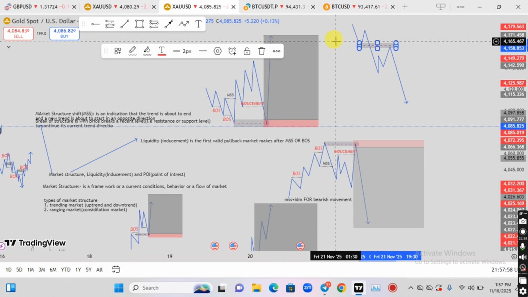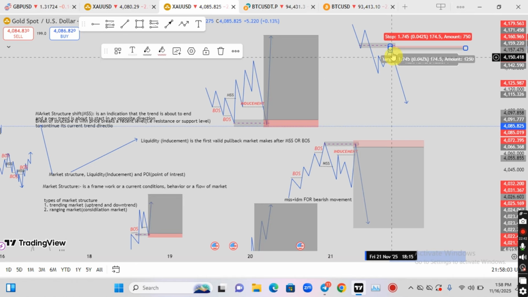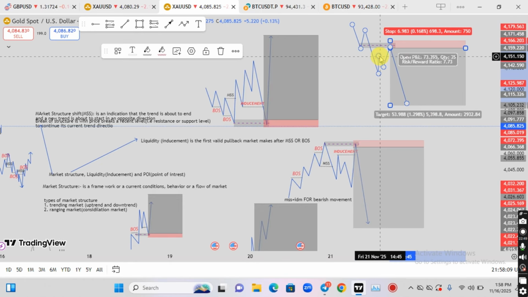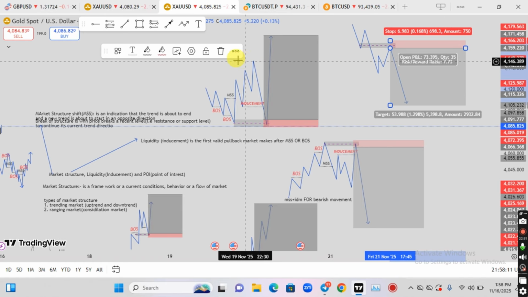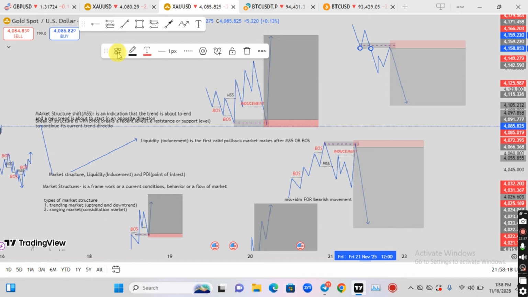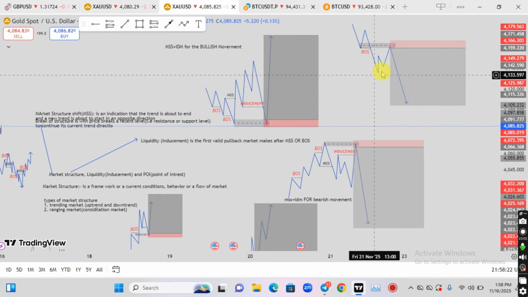I pick it out and I sell it. Right? So this was my break of structure. BOS down, right?